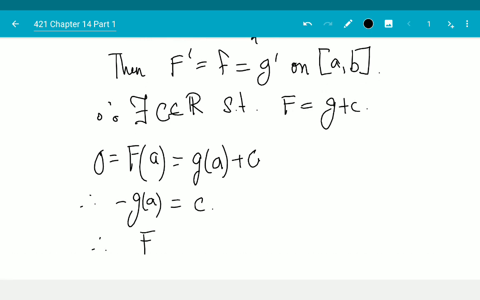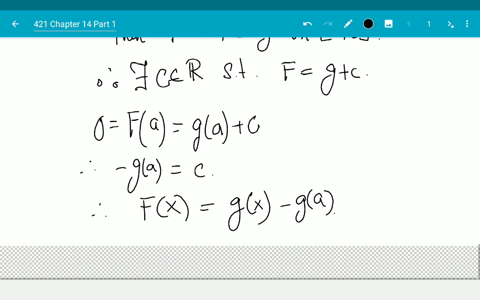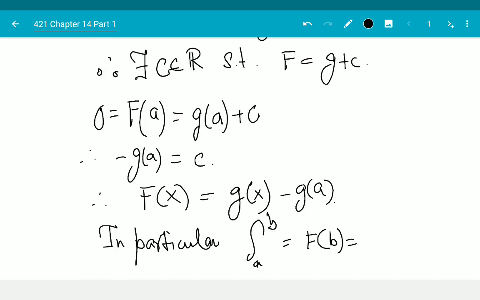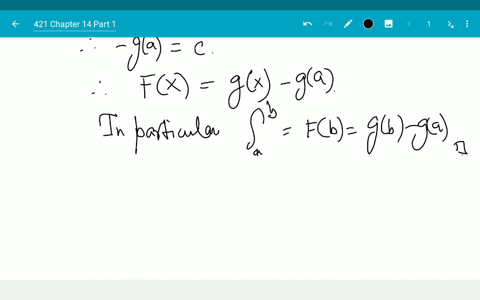And therefore, capital F of x is equal to g of x minus g of a. Right? In particular, the integral from a to b is equal to F of b, which is equal to g of b minus g of a, as required. Okay? And so that is what we have.